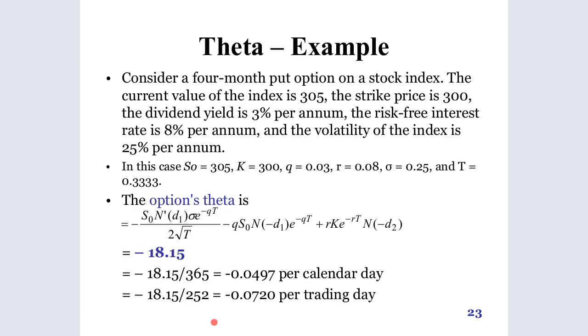I get minus 18.15. This minus 18.15 is annualized, so I divide it by 365 to get it per calendar day, or you divide it by 252 to get it per trading day. So that's how you get that.